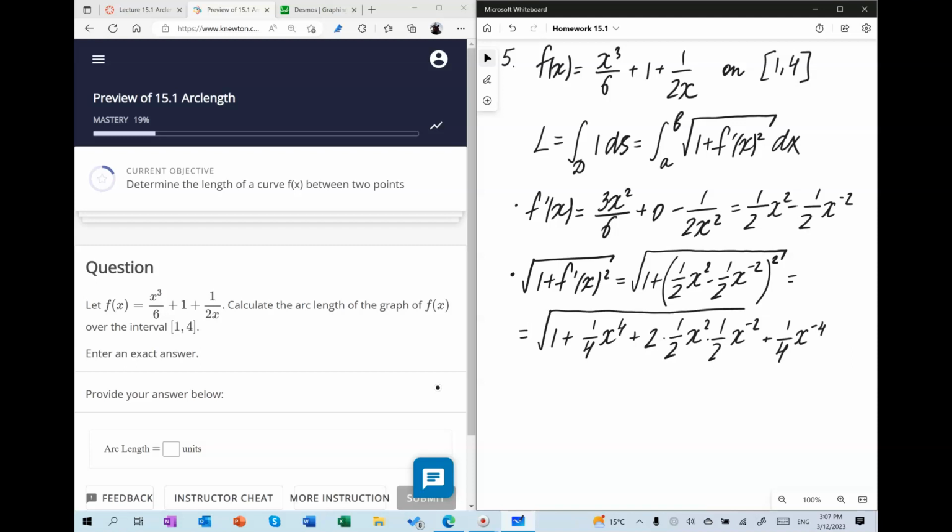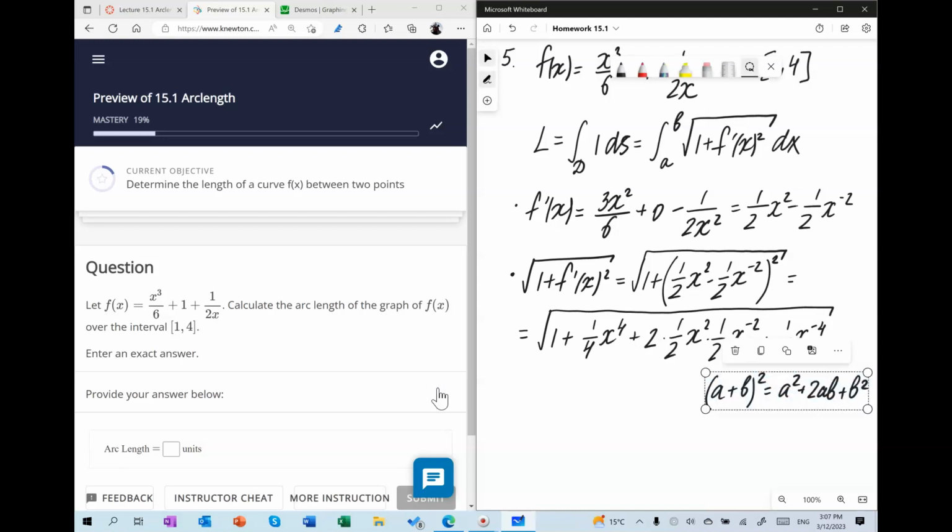If you wonder how I got this, I just used this formula. A plus b squared is equal to a squared plus 2 times the product plus b squared. This is the formula that I used. Let me put it here as a reference. Where do I put it? Right here.